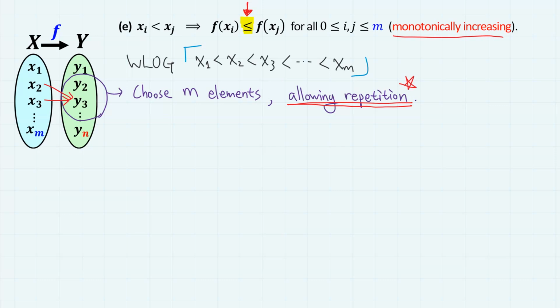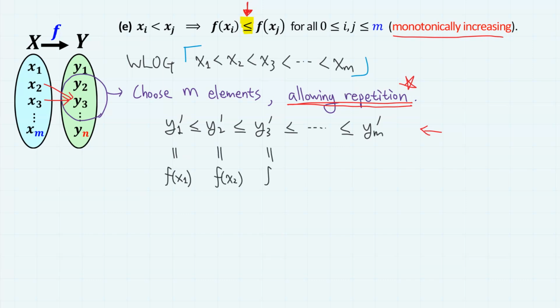Then these m elements can be written in a manner that y1 prime is less than or equal to y2 prime, which is less than or equal to y3 prime, and so on, up to ym prime. Remember, now these variables can have the same values. Then letting y1 prime be f(x1), y2 prime be f(x2), y3 prime be f(x3), and so on, we have this ordering, and we are done.